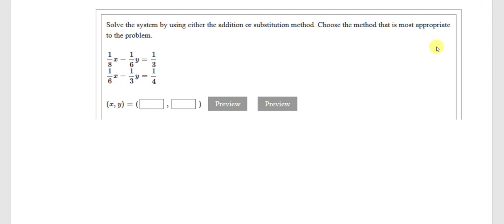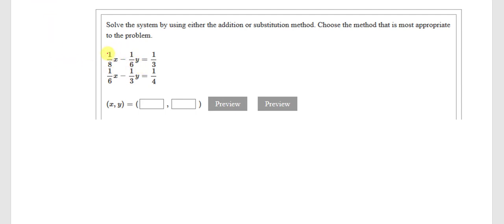The next question is 3.1, the same section, but this is question 9. Solve the system by using, again, the addition or the substitution methods. Now choose the method that is the most appropriate to solve the problem. In this case, anytime that you see there are fractions, again, we have to simplify the fraction before we can do anything else, because it's very difficult to work with fractions.